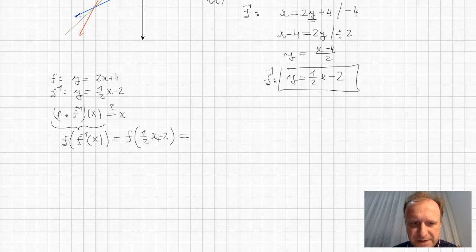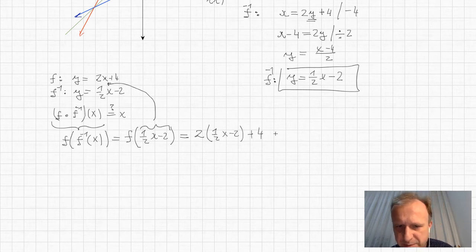Then instead of f of this, you use the first formula and take this entire bracket as the x value, so it's 2 times (1/2 x minus 2) plus 4. Now let us multiply. 2 times 1/2 x is x, 2 times minus 2 is minus 4, plus 4, and what you get is x.